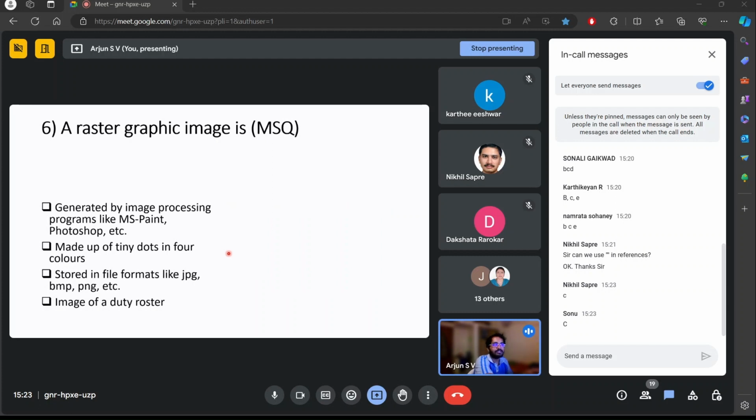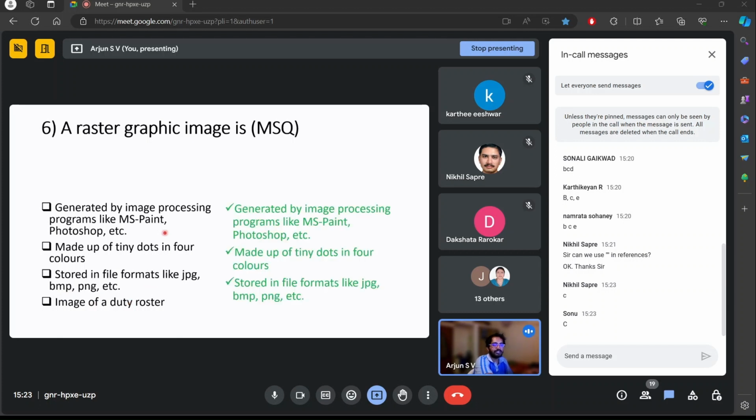Raster graphic images. A raster graphic image is generated by, it's an MSQ question. It's generated by image processing programs like Paint, Photoshop, made up of tiny dots in four colors, stored in file formats like JPEG, BMP, PNG, etc. Image of a dusty raster. So correct options would be the first three options except for the image of a dusty raster.